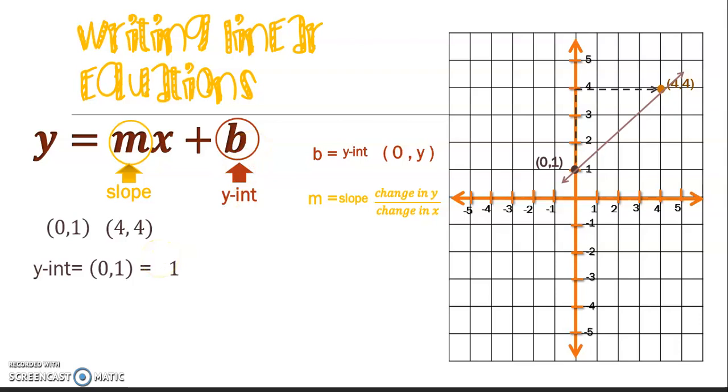Now with my slope. My slope is the change in y over the change in x. I'm going to start counting how many times I move in y and how many times I move in x. So let's just start. 1, 2, 3. I move 3 times in y. And let's count how many times I move in x. 1, 2, 3, 4.